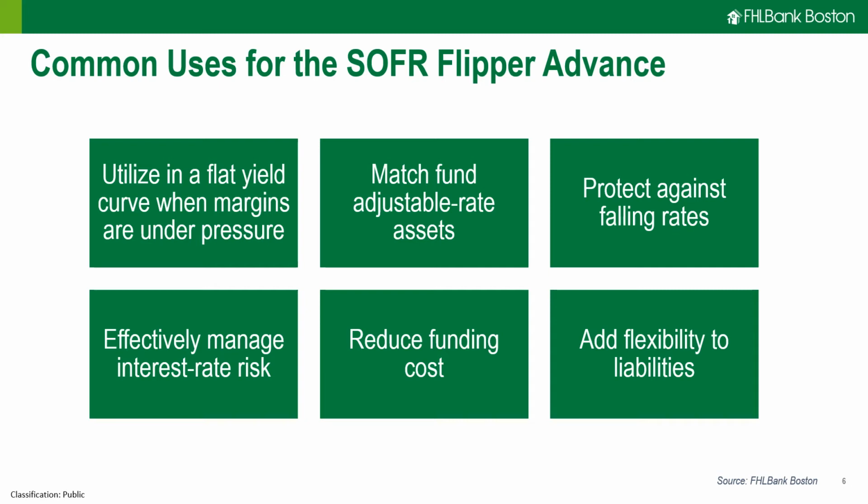And the last thing worth pointing out here is in terms of managing interest rate risk. The flipper can be particularly beneficial for asset-sensitive members who see their earnings profile improve dramatically as rates go higher. And the bigger risk to the earnings and capital stream is that rates remain unchanged or even go down.